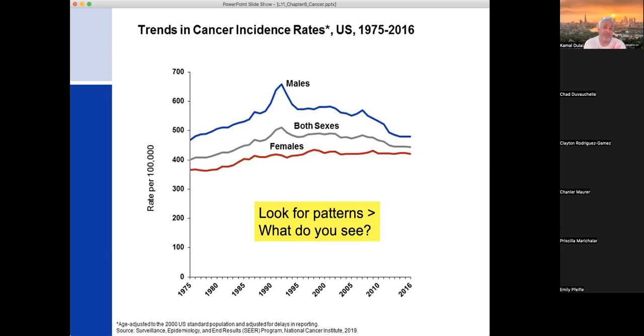Because prostate cancer in general is a relatively slow growing cancer. So if you get it in your 80s and then you die of heart disease or something else, then it doesn't get recorded that the patient died of prostate cancer. They died of heart disease. So that's going to affect the statistics, right?